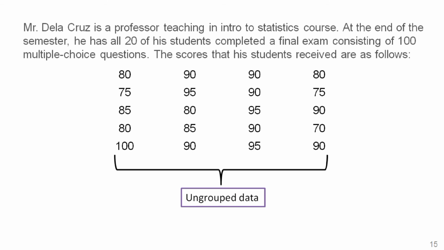From this problem, we can already say that the test scores of his students are ungrouped data. We will be using the population data to get the mean, the standard deviation, and the kurtosis. Let us arrange the data in ascending order.